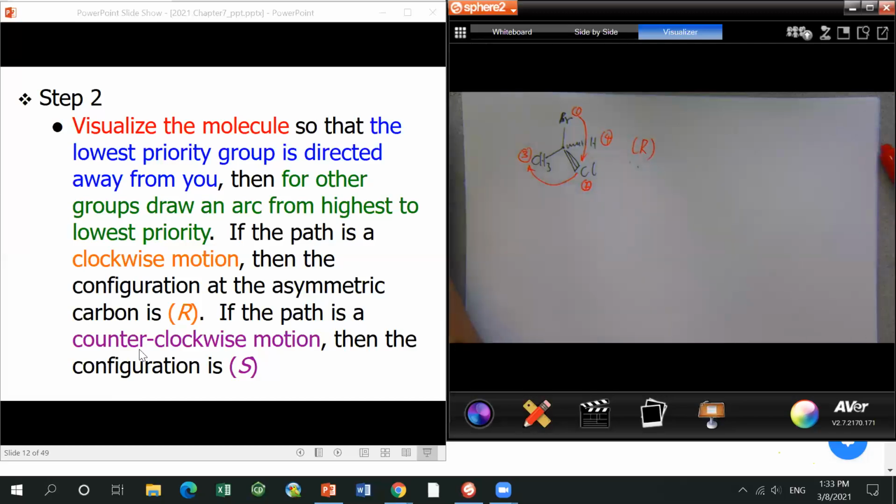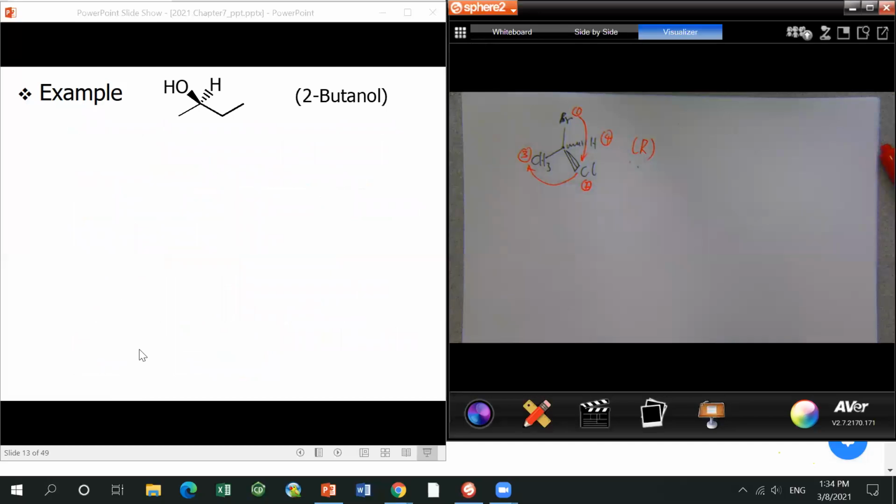Right, so let's do another example. For example, this is 2-butanol. It also has a chiral center here with four different attachments, and it's easy to assign the priority. The OH group has the highest priority because oxygen has the higher atomic number, and hydrogen has the lowest priority. The difficulty comes in these two parts.